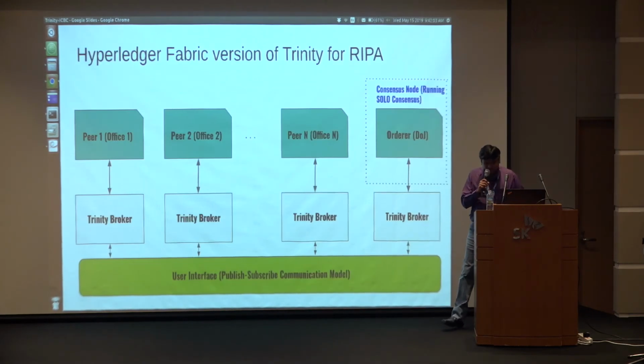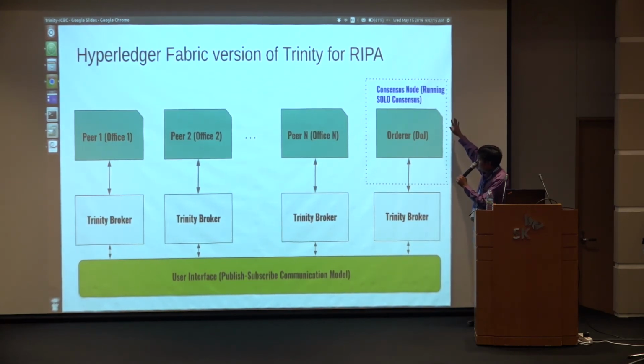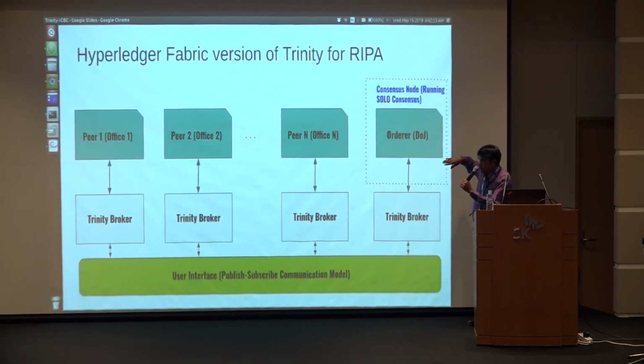To address this problem, we are currently developing a version of Trinity that works with Tendermint and Hyperledger Fabric. In this model, we assume that the Department of Justice owns the orderer node, because they are the trustworthy organization, and each police department can run their own local nodes.